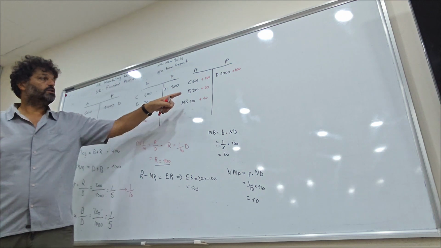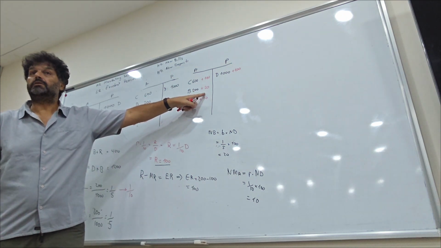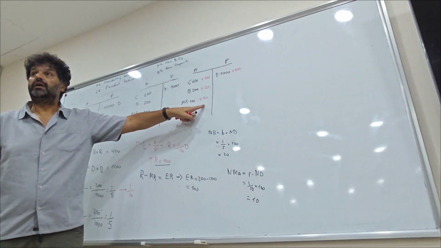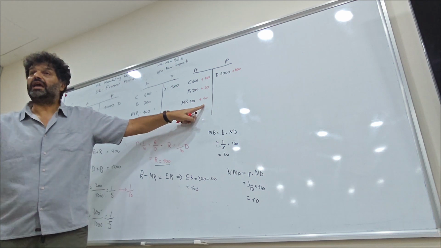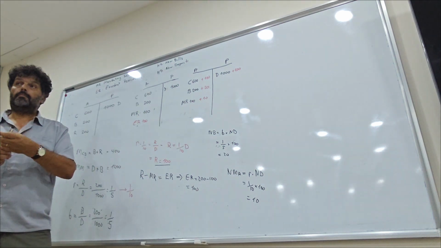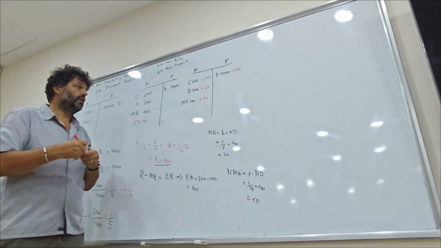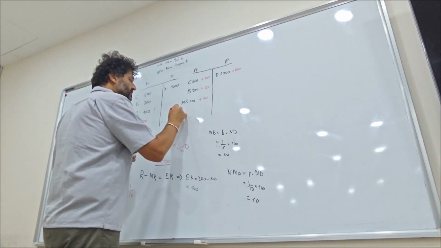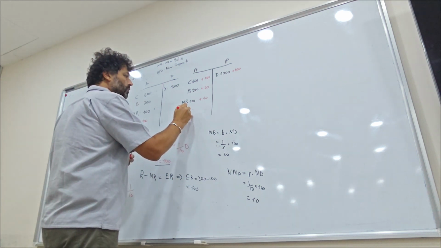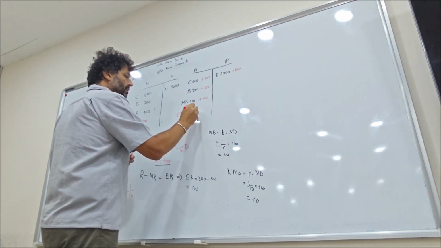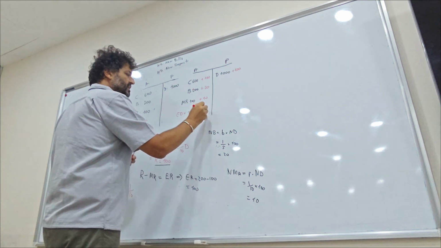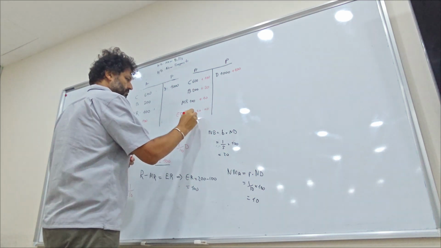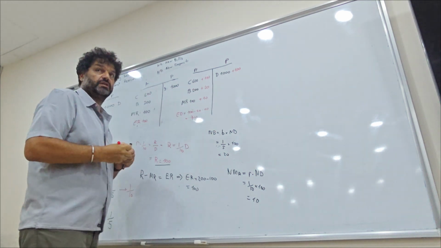Out of this 100, 20 went to the pockets of people, and 10 changed status and became mandatory reserves. So excedent reserves are equal to 100 minus 20 minus 10, equal to 70.